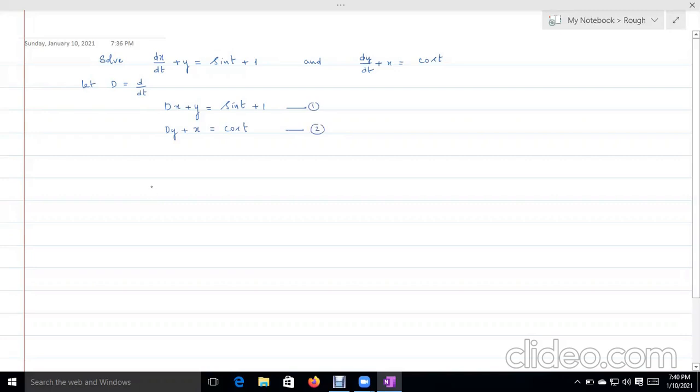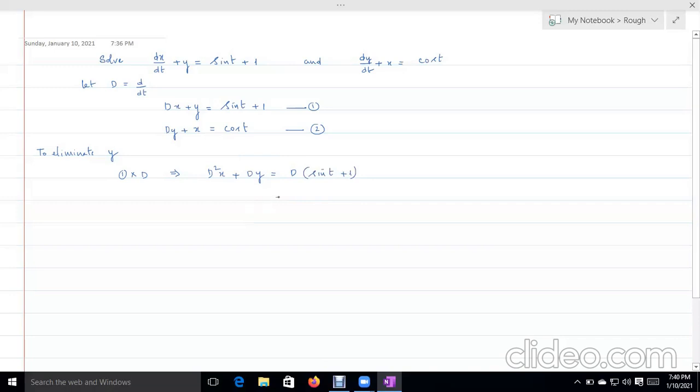Now we will eliminate any one of the variables x or y. To eliminate y, let me multiply the first equation by D. I will be getting D square x plus Dy equal to D of sin t plus 1.